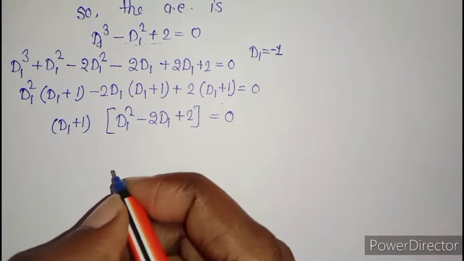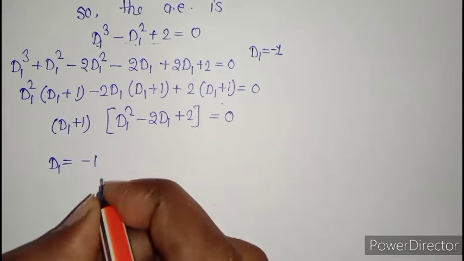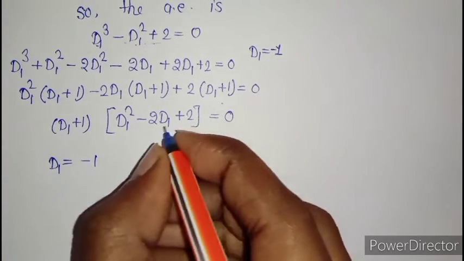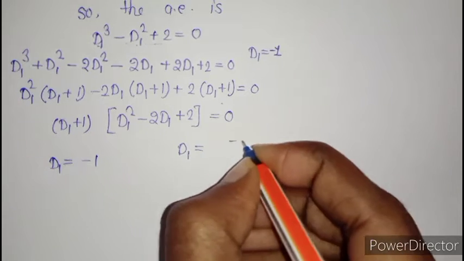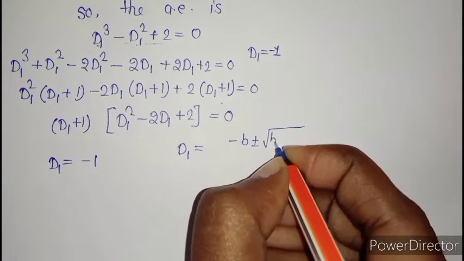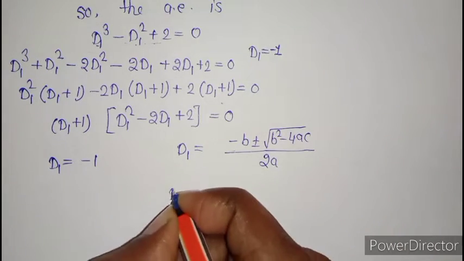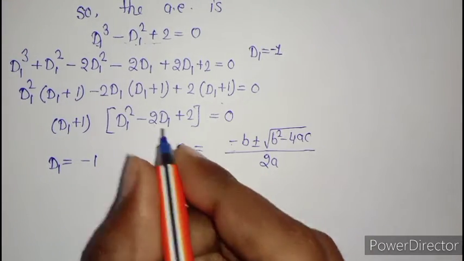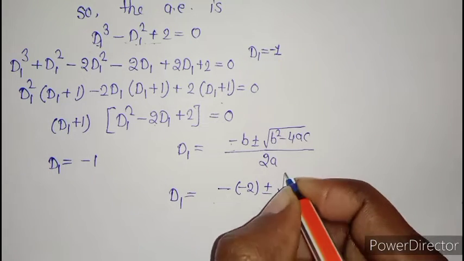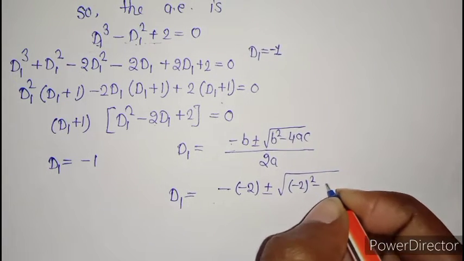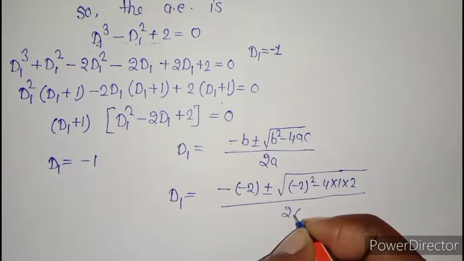So we can apply our previous method. We got the first root of this auxiliary equation, that is minus 1, and in order to find the roots of the quadratic, we apply D1 is equal to minus b plus minus under root b square minus 4ac by 2a. With b equal to minus 2, it becomes 2 plus minus under root, minus 2 raised to power 2 minus 4 into 1 into 2, upon 2 into 1.